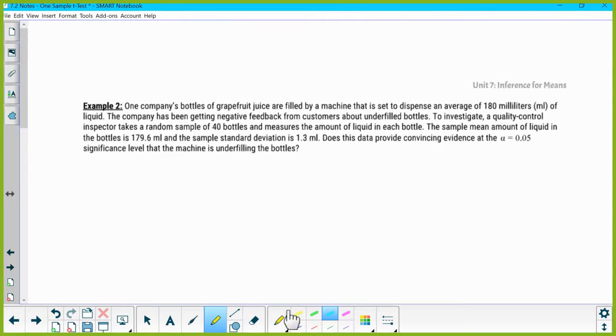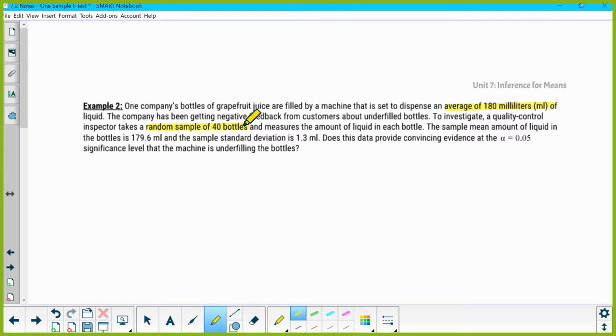One company's bottles of grapefruit juice are filled by a machine that is set to dispense an average of 180 milliliters. This is going to be my expectation, my mu naught of liquid. The company has been getting negative feedback from customers about underfilled bottles. To investigate, a quality control inspector takes a random sample of 40 bottles and measures the amount of liquid in each bottle.